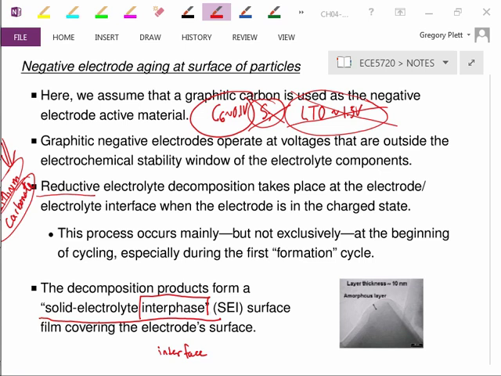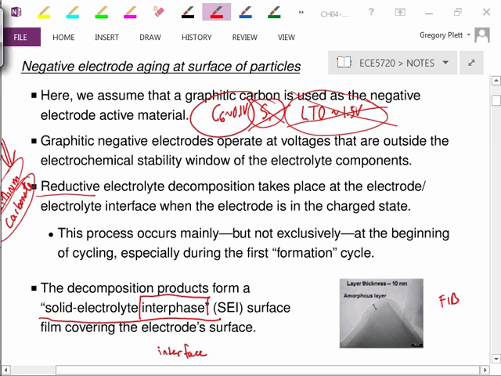The picture here is showing an image, and I don't remember the technology that was, I think it's FIB, focused ion beam technology, that was used to create this image where they sliced an electrode particle in half so you could see a cross section.